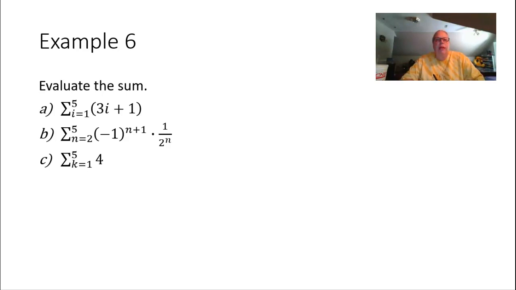Example 6, evaluate the sum. Part A, we want the sum from i equals 1 to 5 of the quantity 3i plus 1.